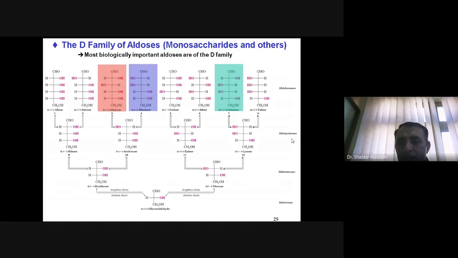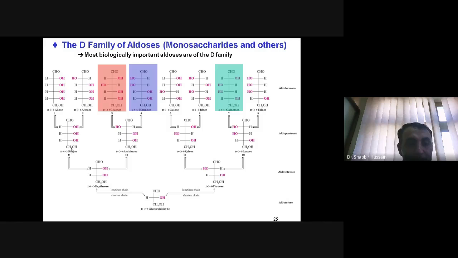On the other hand, if we are talking about the aldopentoses, that is the 5 carbon containing sugars, that all are isomers to each other, but the only difference is their configuration, that is D-ribose, D-arabinose, D-xylose, and lyxose.